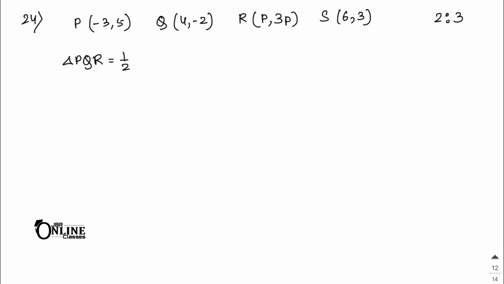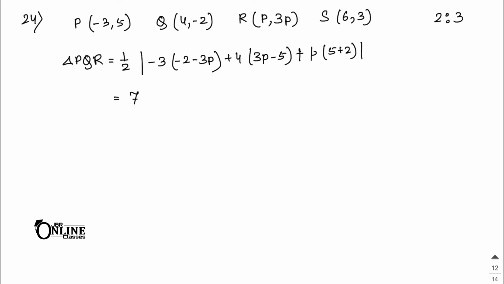That is very easy. So first half, then minus 3, then minus 2, minus 3p. Next 4, then 3p minus 5. I know you know the formula. So that is p and then 5 plus 2. After calculation you will get 7 and that will be the mod of 2p minus 1.